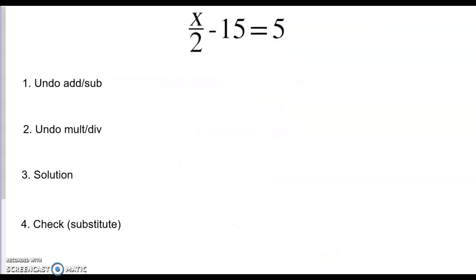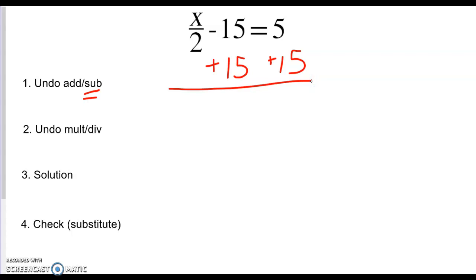Okay? All right, let's try one with division instead of multiplication. x over 2 is a division problem. But the first thing I'm going to do is undo, in this case, my subtraction. So the opposite of subtracting 15 is adding 15. And I need to do that to both sides of my equation.